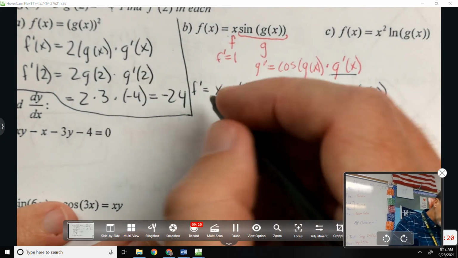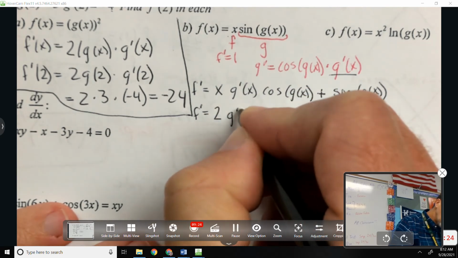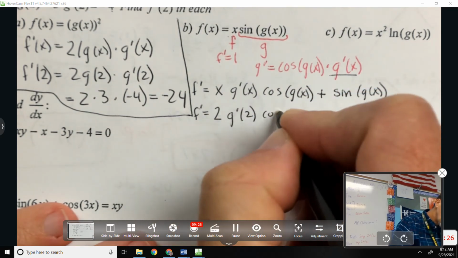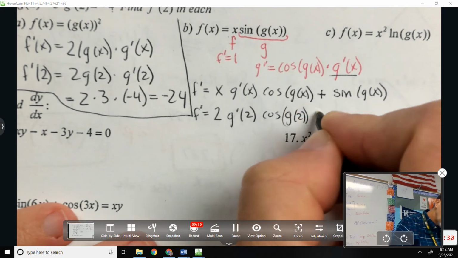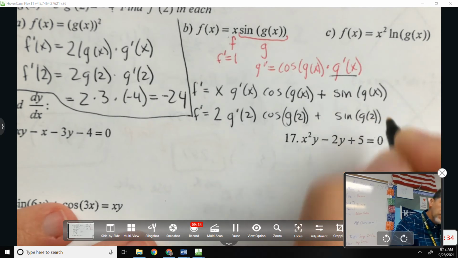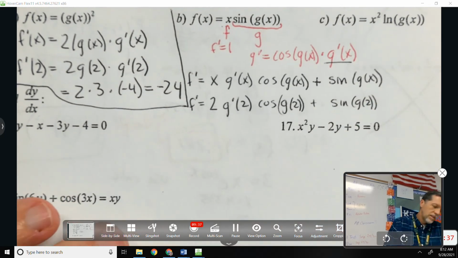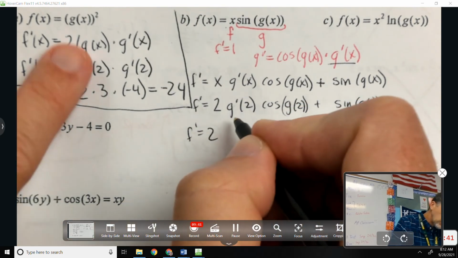All right, f prime of 2. So 2 goes in everywhere for x. So 2 times g prime of 2 times cosine of g of 2 plus sine of g of 2. G prime of 2 is negative 4.